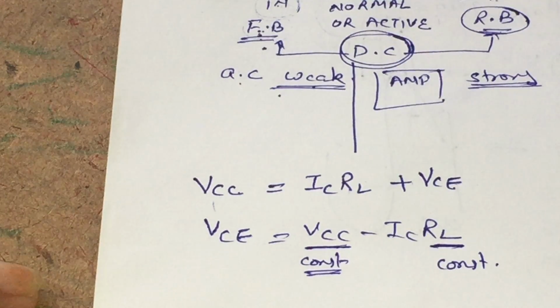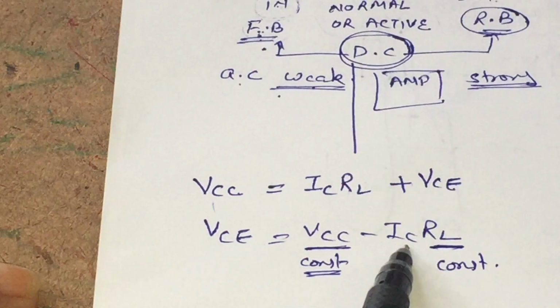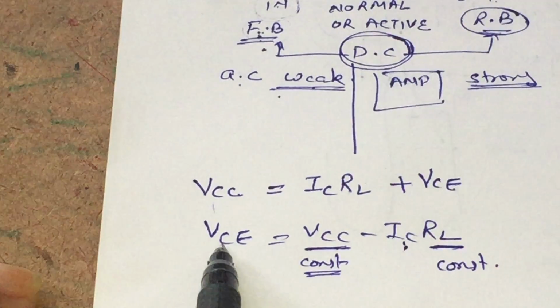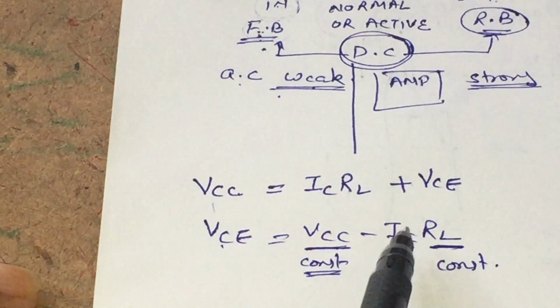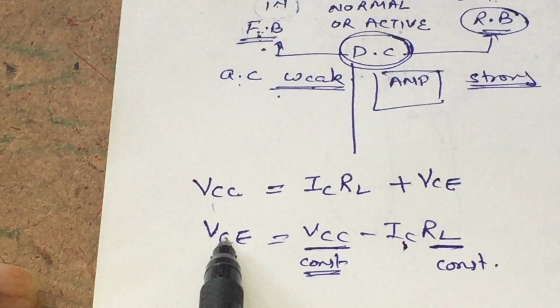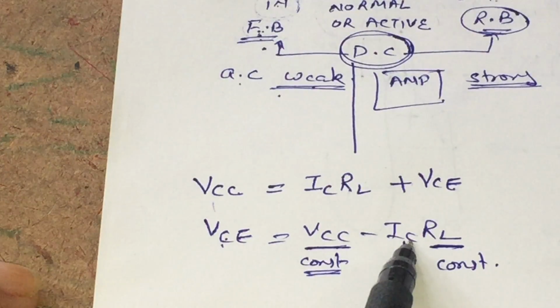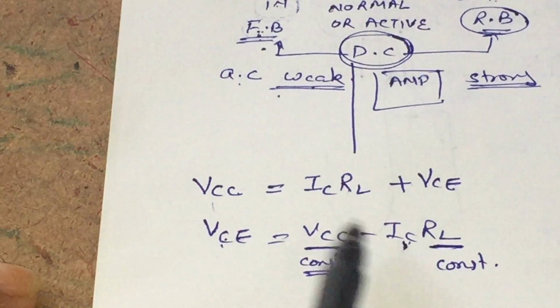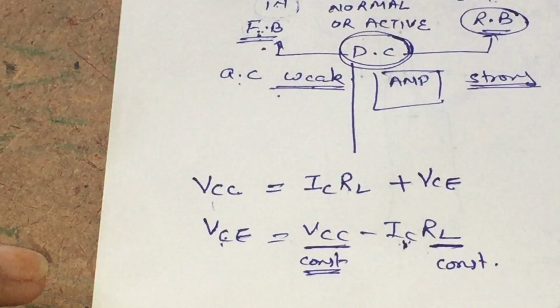It means there are only two variables in this equation: this one is an independent variable, and the collector current will increase or decrease the voltage across the collector and emitter terminals. This is an important equation by which we will discuss the working of our common emitter amplifier.